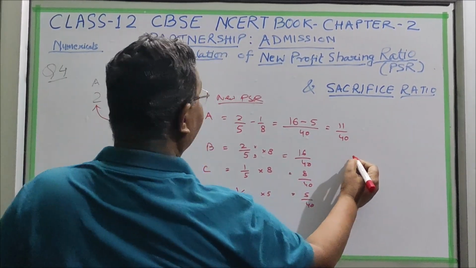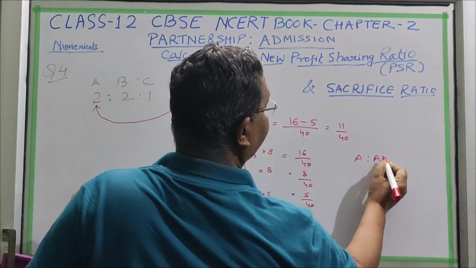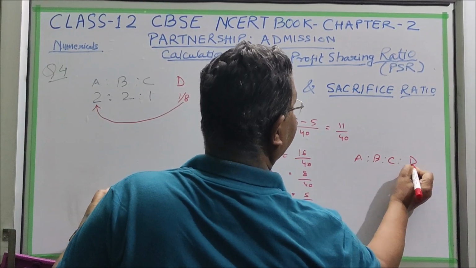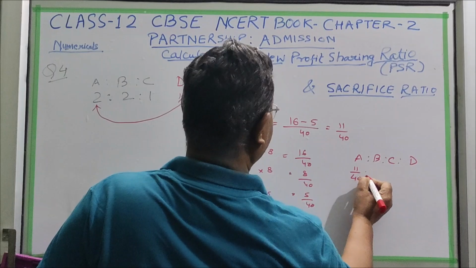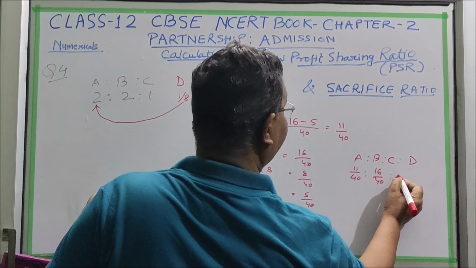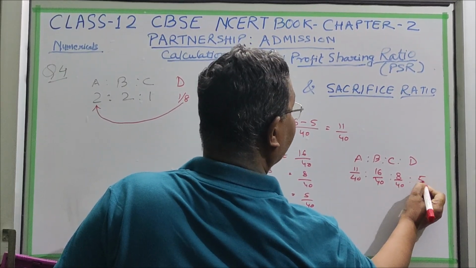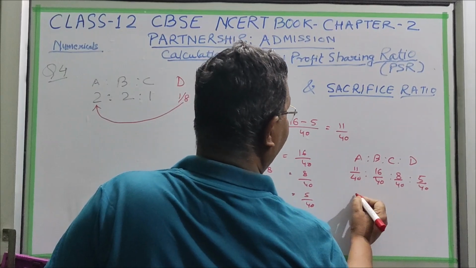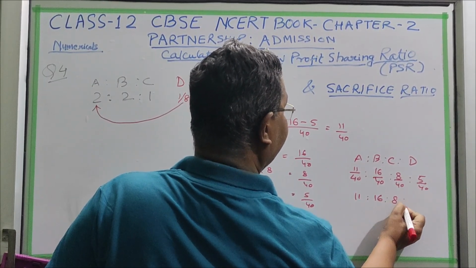So the new PSR, A is to B is to C is to D, is equal to 11 upon 40 is to 16 upon 40 is to 8 upon 40 is to 5 upon 40. So when this is common, we leave it. Our ratio is 11 is to 16 is to 8 is to 5.